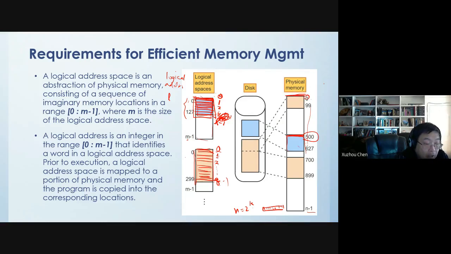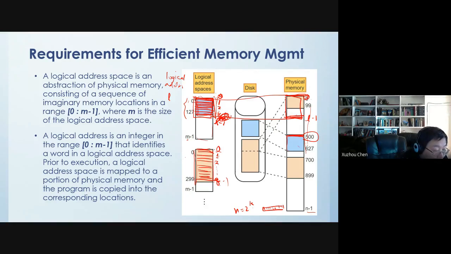You are not necessarily doing this. Even if you do, say I load this program into the physical addresses from 0 to L minus 1, I can do that, right? Suppose you can do that.